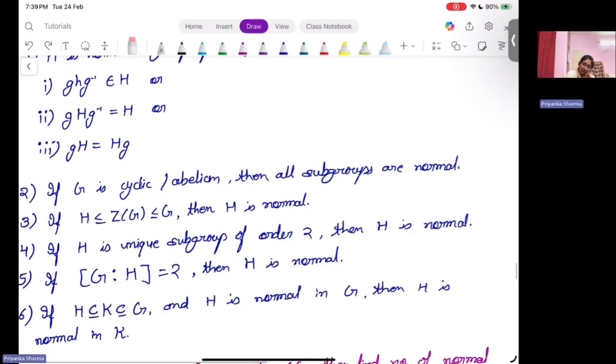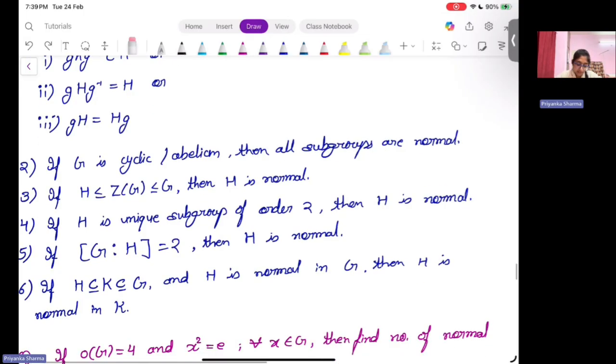Secondly, if we have a cyclic group or an abelian group, then all subgroups will be normal.